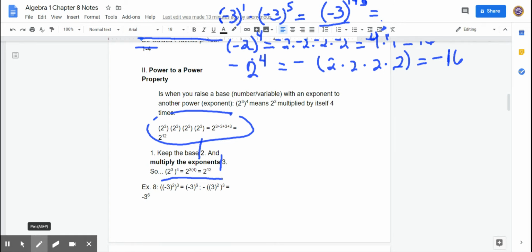The second part of that is what I just showed you up there with the negative 2. If the negative is on the outside of the parentheses, this means opposite of.